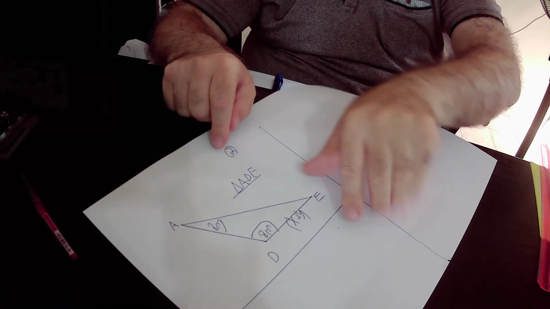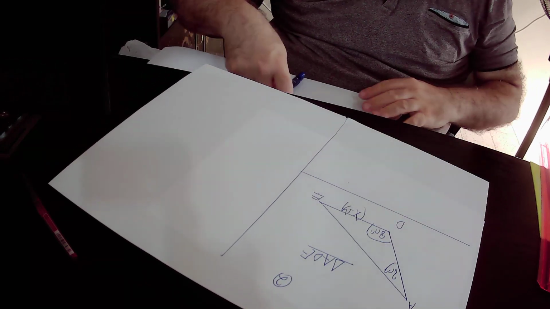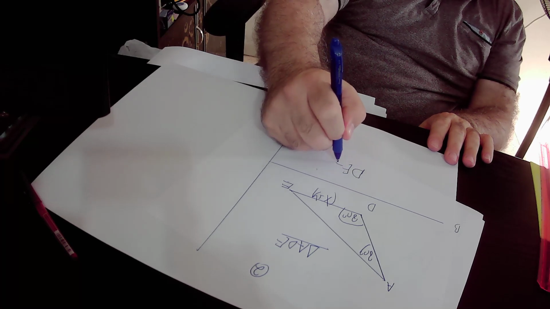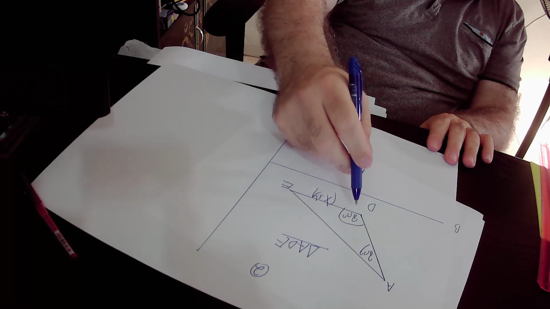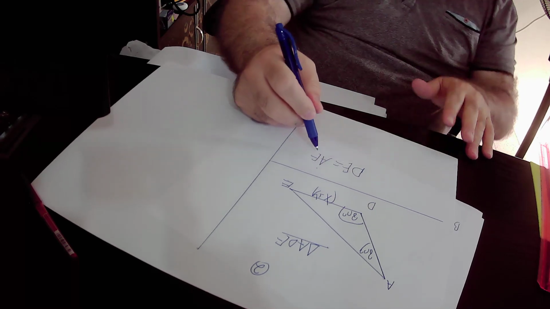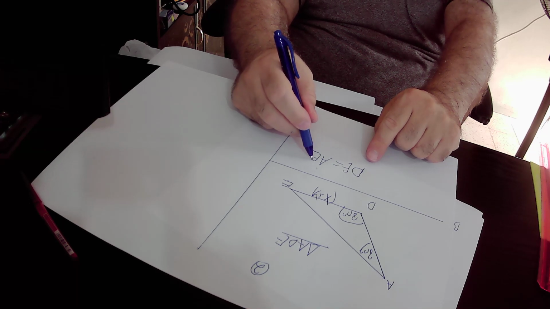So here, in front of this angle, we have side DE, and in front of this angle, we have side AE, and those two sides must be equal to each other because they are located in front of equal angles.